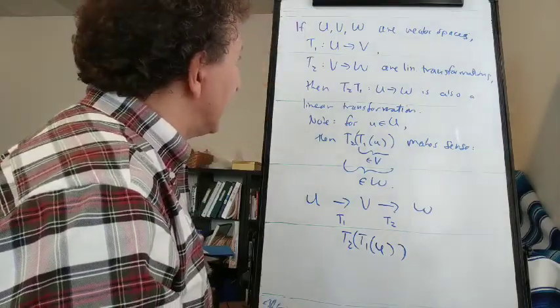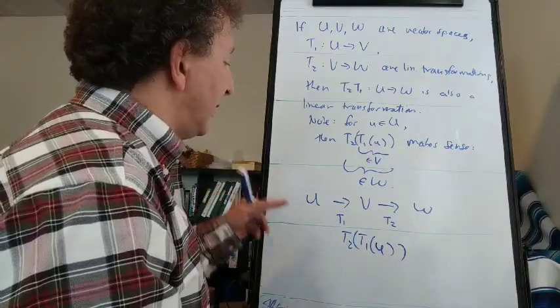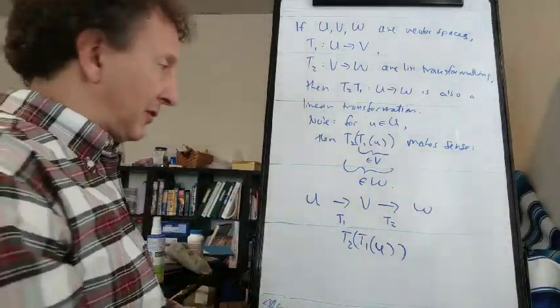So now if we choose bases for the vector spaces, then these linear transformations turn into matrices.